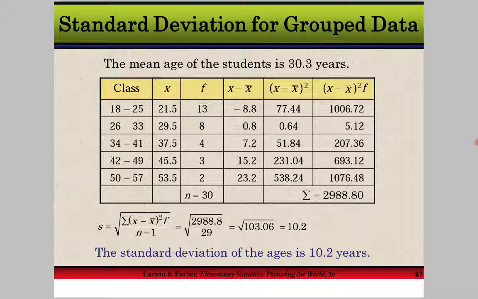So (x minus x bar) whole squared into f, and sigma f is the total sum of the frequencies, that is n. So n is equal to 30.